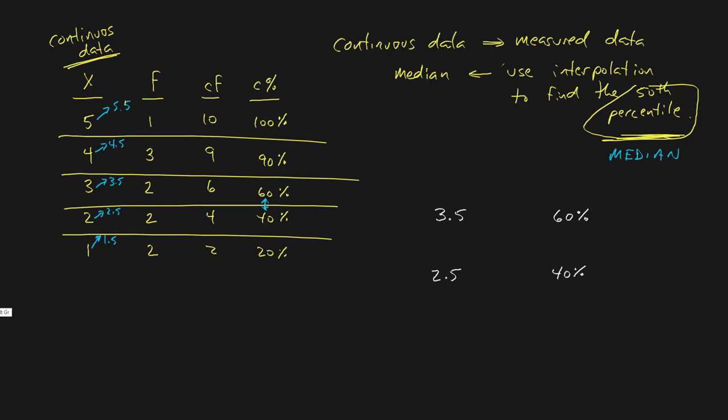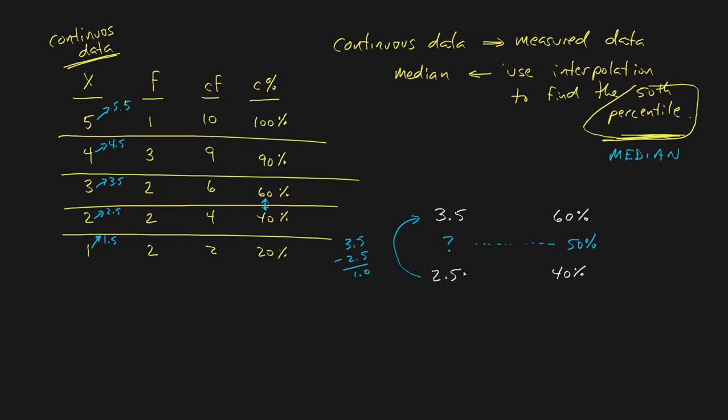Now what I'm looking for is the median. The median is at 50%, which is halfway between these two values. And so the score that I'm looking for is going to be whatever is halfway between those two values. So what is halfway between those two values? Well, the distance from here to here is the total distance to get from 2.5 to 3.5. This might seem easy, but I just want to do this properly. That total distance is 1.0.